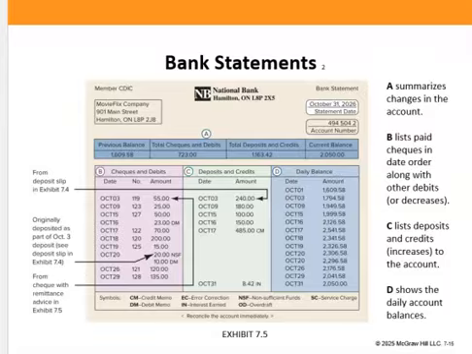Here's a sample. If you have a look, it's showing checks and debits, and what they're talking about there is any checks that you wrote out of your bank account. So let's talk about your bank account for the moment. Any decreases to your account, they're calling debits.